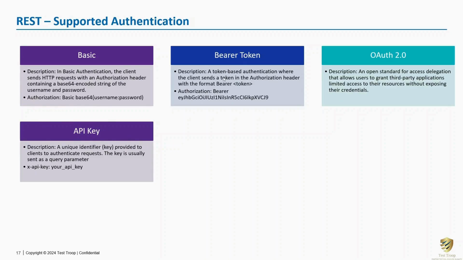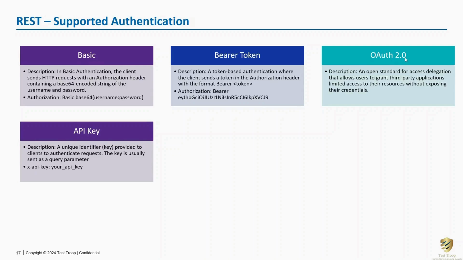The bearer token is token based authentication, where the client sends a token in the header with the key as authorization, followed by Bearer, then a space, then a token. The example could be something like this: Authorization: Bearer with the token.